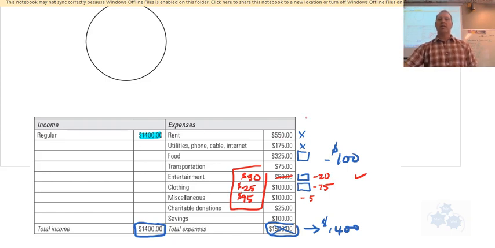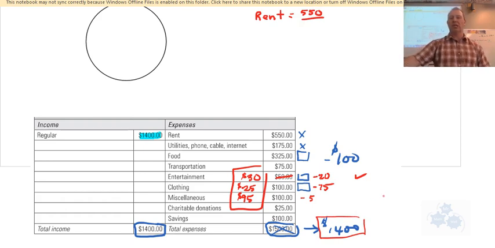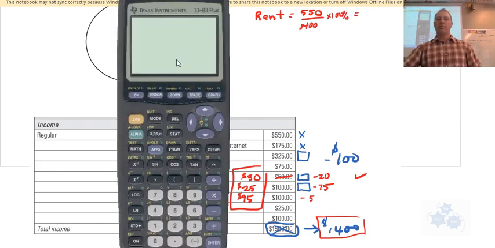So 550 we didn't touch. So rent. Let's make a list up here. Let's take a look at that one first. So that's 550 out of what? What's the total expenses that we have? 1,400. Not 1,000, but 1,400. So that's going to be out of 1,400. And then obviously we have to times 100%, right?